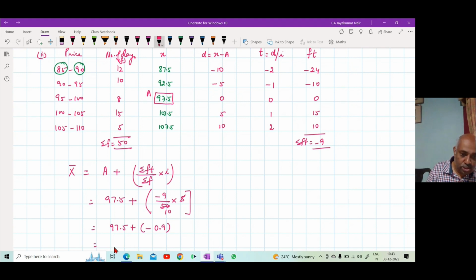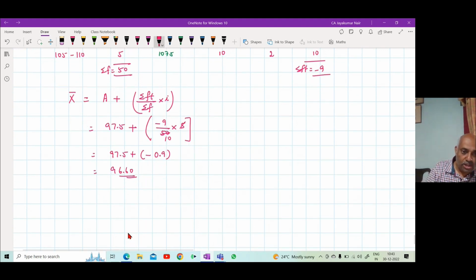So when you solve this, you will get 96.60. This is the mean under step deviation method.